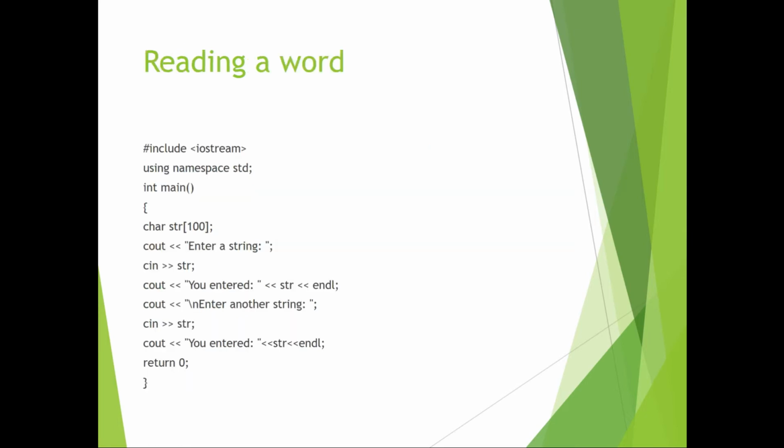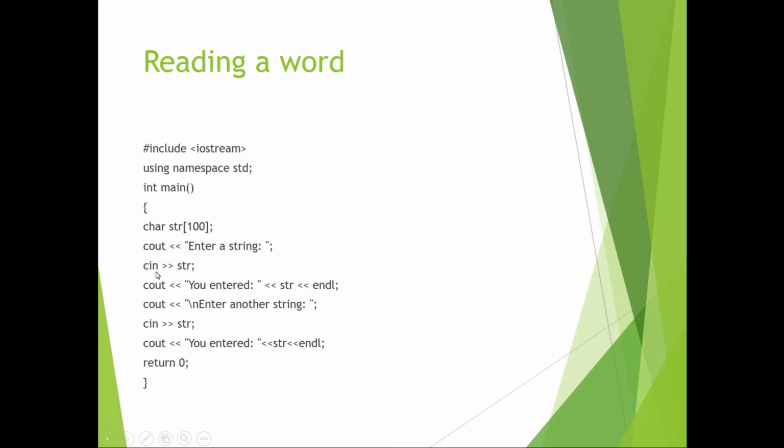Okay, we'll see a simple example of reading a word. Just a word. So when I want to read a word, I can use just cin. Here you can see this is a C style string, char str, the array size is 100 and its range is 0 to 99. So it accepts the characters from 0 to 99 only if it is a word.